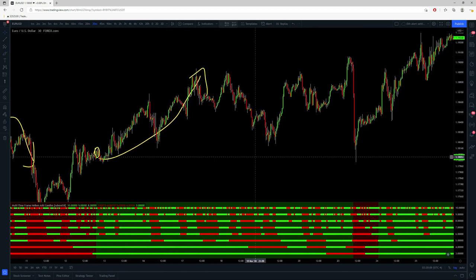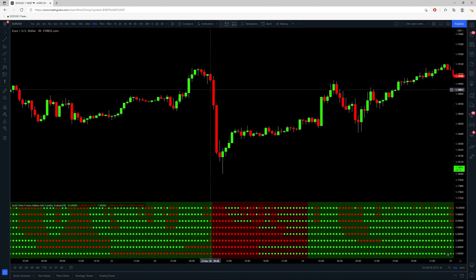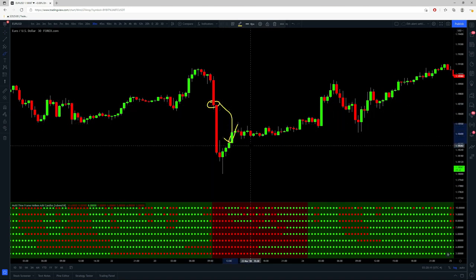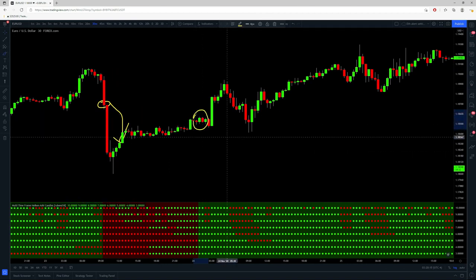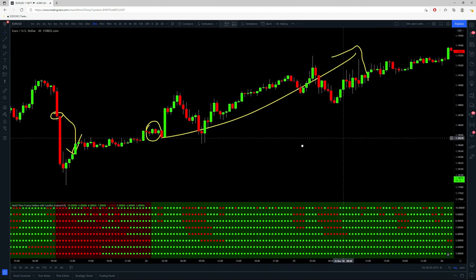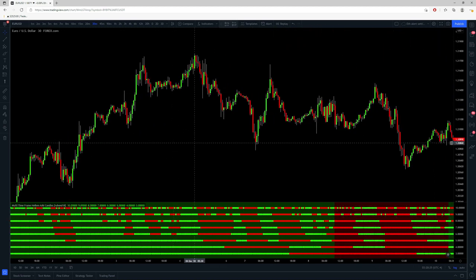Get that move up. Stays green until right here on this candle. Get a big down move. Green right here. Goes up. Huge, huge, huge up move on this one.